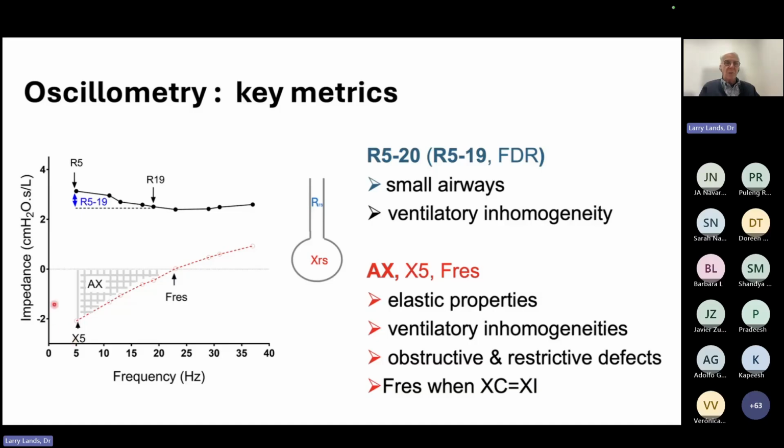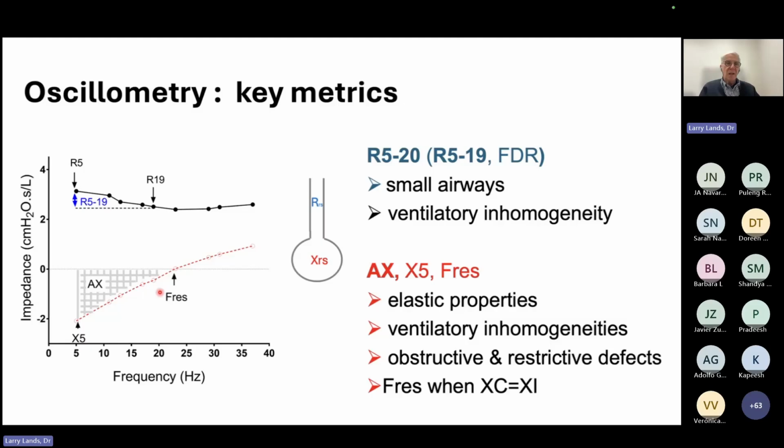You also have the reactance, the other component of impedance, and we have the reactance at 5 hertz. We have a resonant frequency where the reactance due to the capacitance component equals the reactance due to the inertance component, and so they cancel each other out.